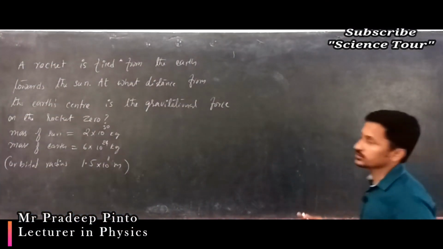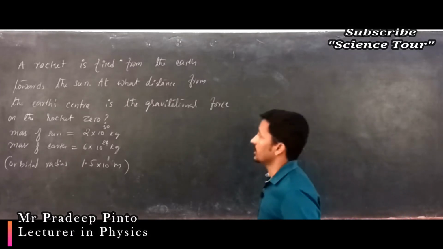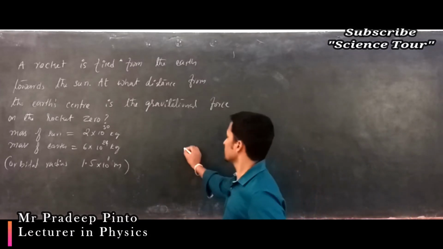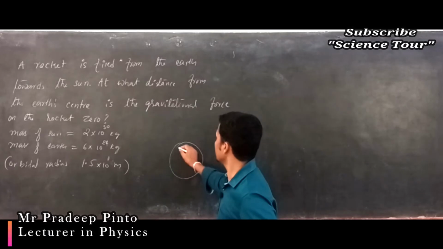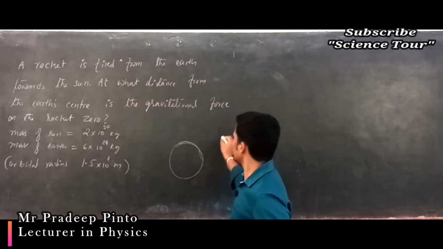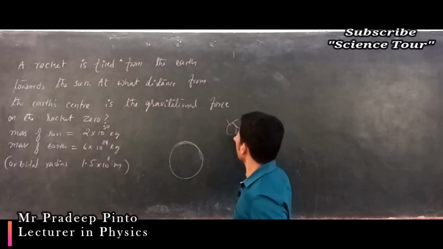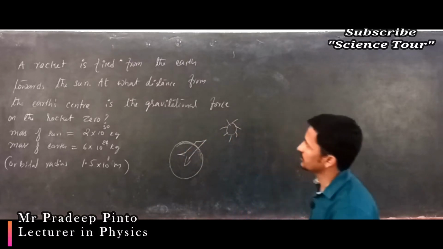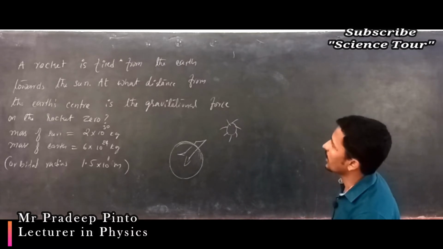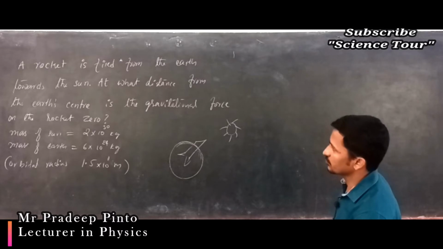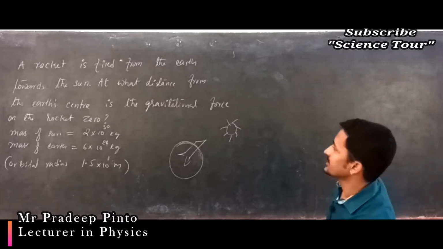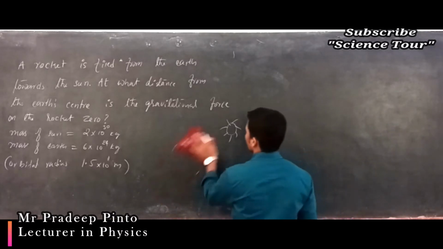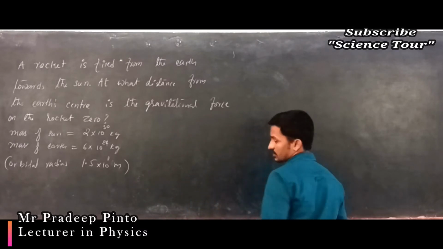A rocket is fired from the earth towards the sun. So we have the earth, and towards the sun the rocket is fired. At what distance from the earth center is the gravitational force on the rocket 0?